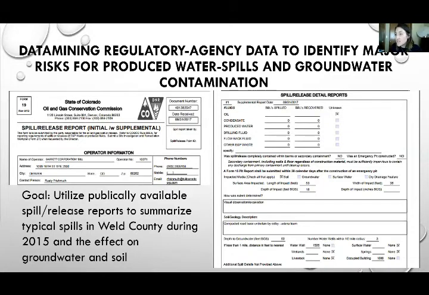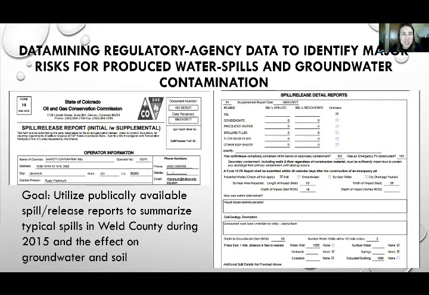And then near the bottom, you see it says depth to groundwater. So when they discover that there is some sort of spill, they check the groundwater depth at that moment. This is in feet, so it's saying 50 feet below the surface is where the water table lies.